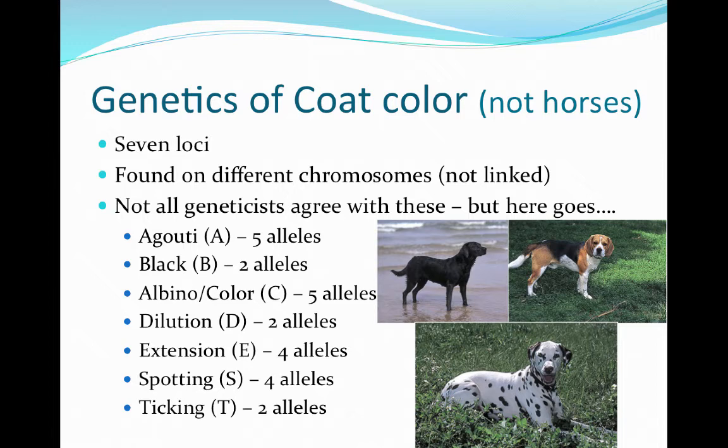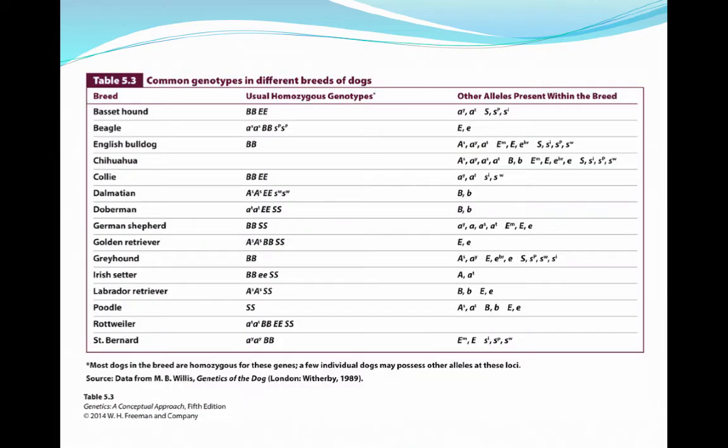So the process of coat color determination in offspring becomes a pretty fine art and science. Some of the different color patterns that we see in different breeds of dogs are shown in their corresponding genotypes within the breed and across breeds as well.